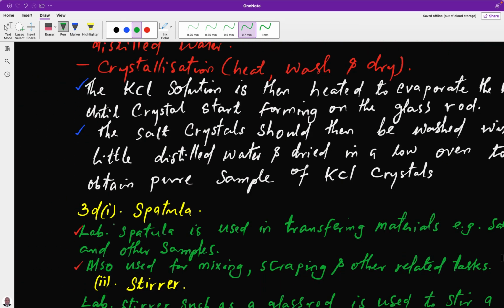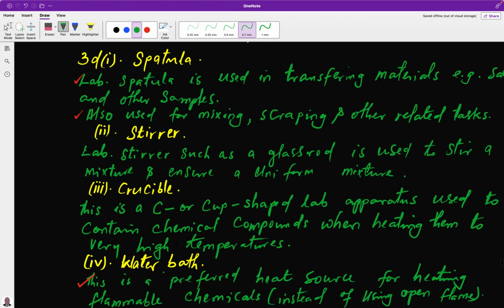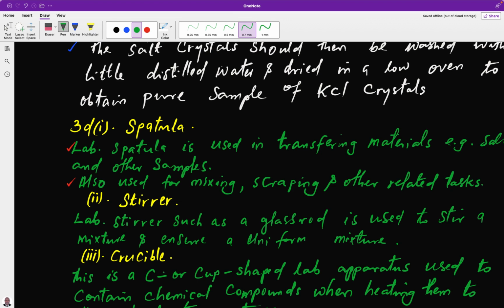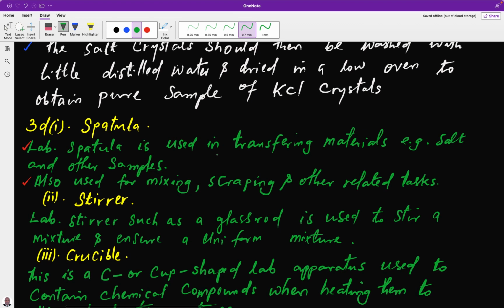A spatula is something like a small spoon. So a laboratory spatula is used in transferring material, e.g., you transfer salt and other samples. I told you that if you go to the lab, a laboratory spatula is like a small spoon, a teaspoon.